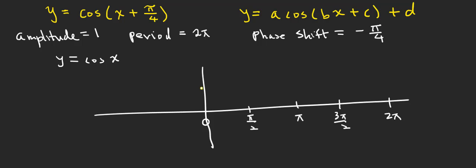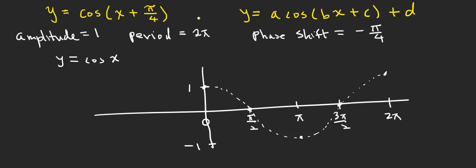This is a cosine, so the amplitude is 1. So you start from the top, you go down to the middle, you go down to the bottom, back to the middle, and to the top. So this is a graph of y equals cosine x.